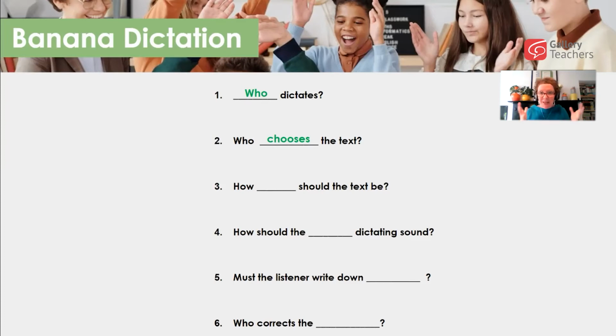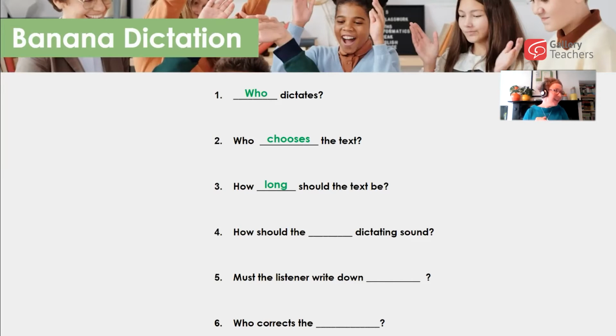Number 3, how long should the text be? So here you may have got different ideas: how easy, how difficult, or how long should the text be? And it's always a good question to ask yourself, even with experience, how long should your text be?